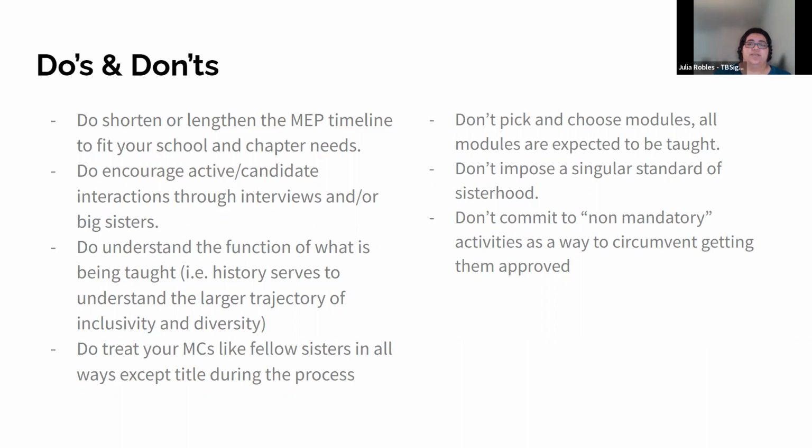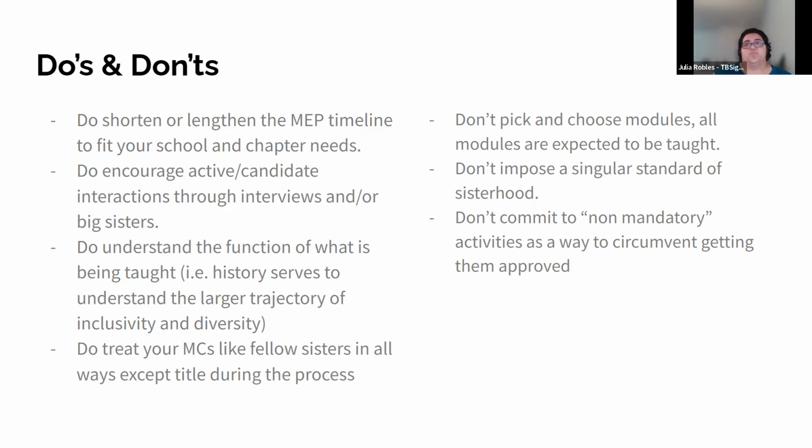And treating your MCs like fellow sisters and always using the sister title during the process, I have personally seen as a very helpful thing. If they're constantly going to be the others, the ones that don't know anything, not in the secrets, they're not going to feel as included or as welcome, until you suddenly give them their initiation and they're suddenly sisters and suddenly everything changes, but it didn't, because they were still MCs that didn't know anything.